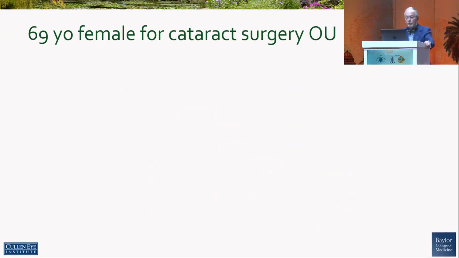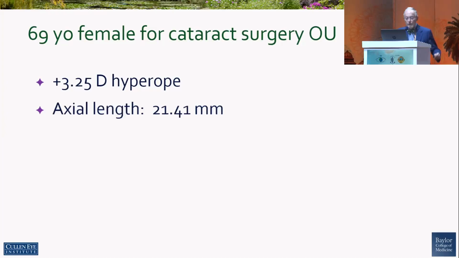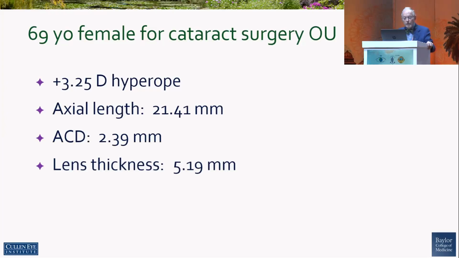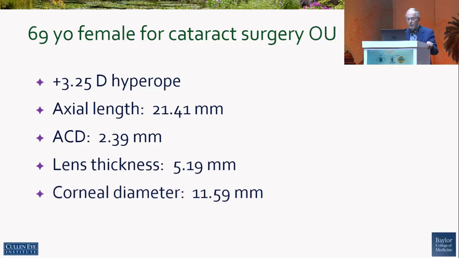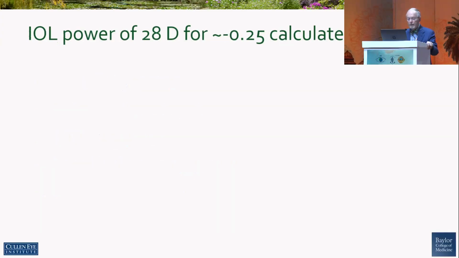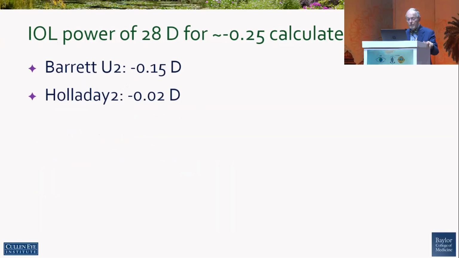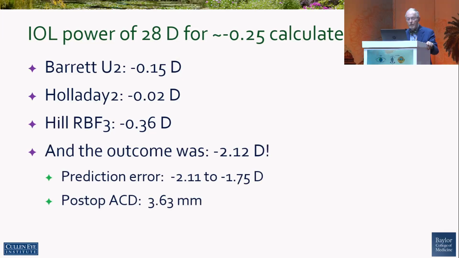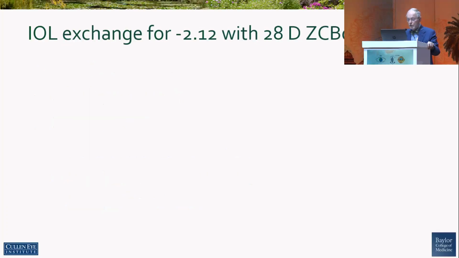This is my patient, hyperope, axial length 21.4, shallow anterior chamber 2.39, fairly thick lens, corneal diameter quite normal. So I used the Barrett, Holladay 2, and the Hill RBF3. That's what they calculated, and the outcome was minus 2. So the prediction error was around 2 diopters, and the postoperative anterior chamber depth was 3.6, which is fairly shallow for a pseudophakic eye. So I exchanged it.